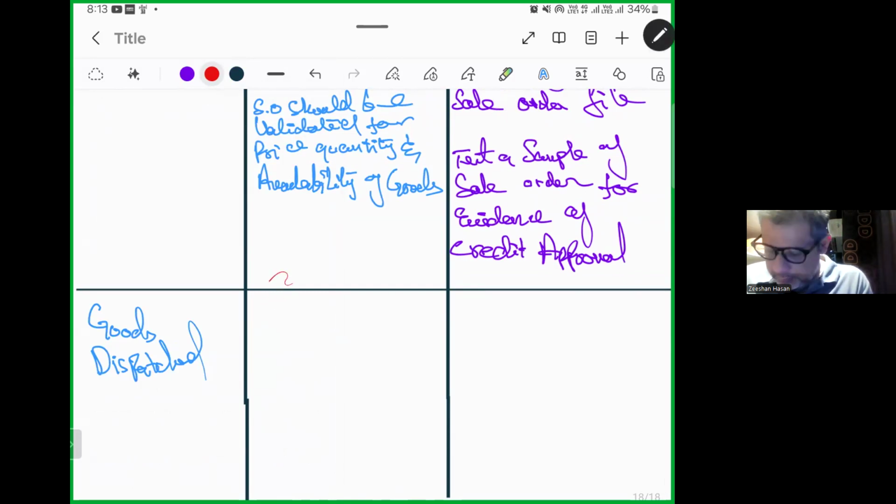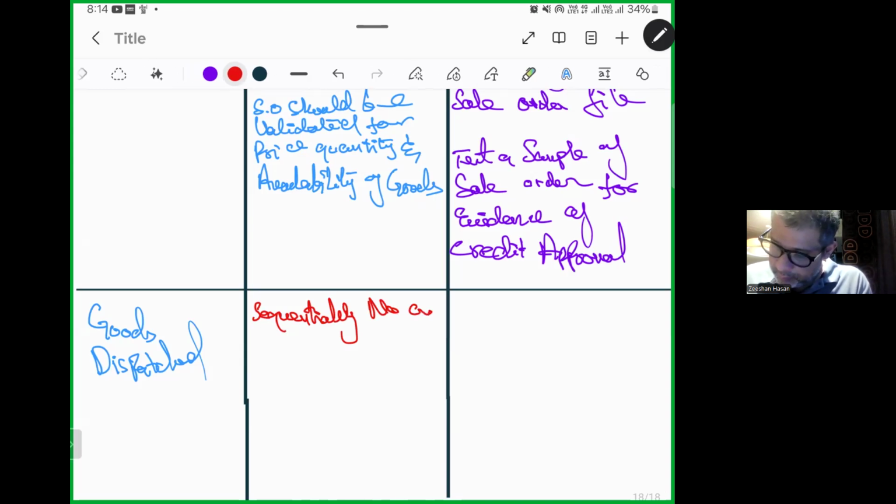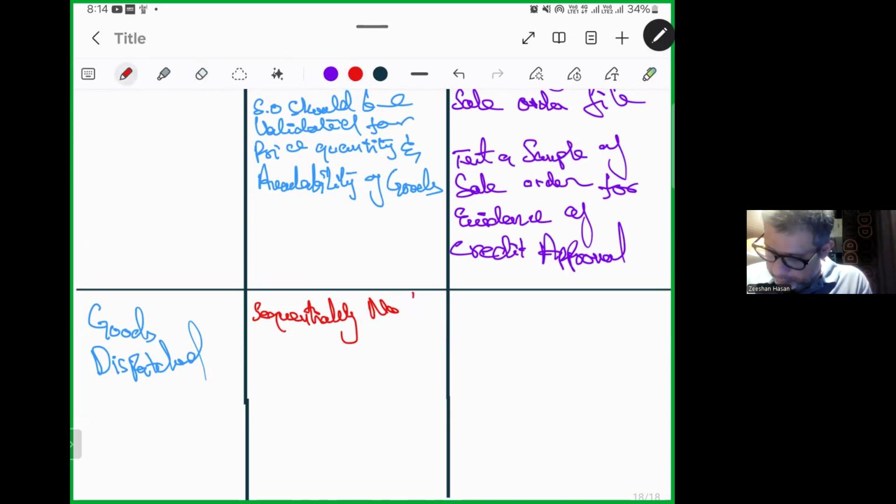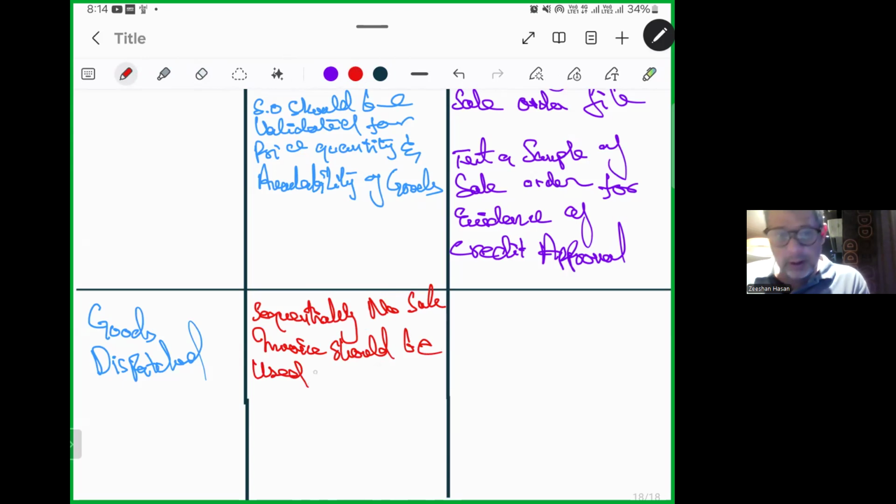Sequentially numbered sales invoices should be used.